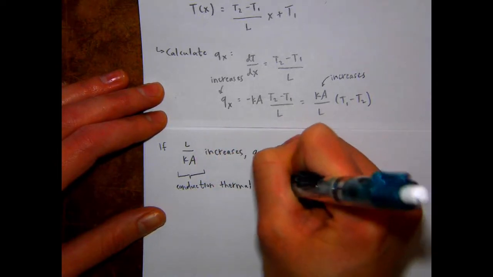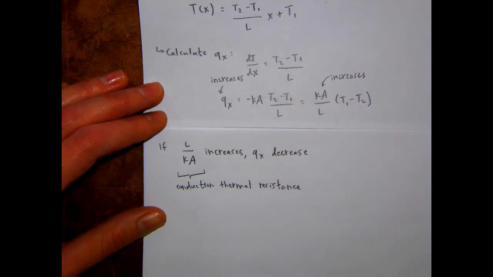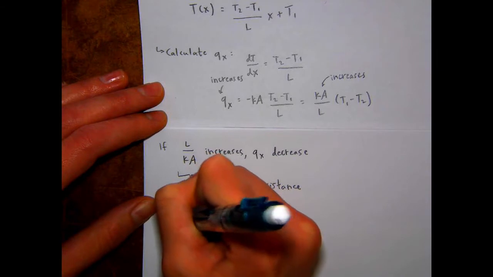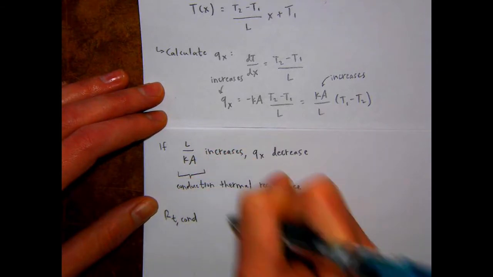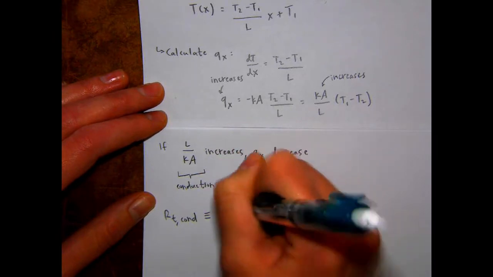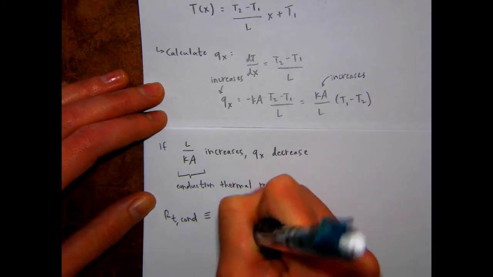So like I said, it's not really anything new. It's just kind of a new way of thinking about it, as far as this quantity is now, instead of how well is conduction occurring, it's kind of how is this material resisting conduction. So just taking the inverse of it. So RT conduction, the thermal resistance of conduction, is defined as T1 minus T2 over Qx.